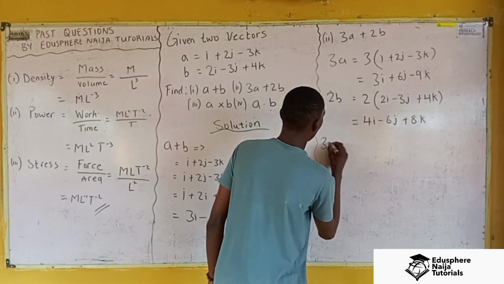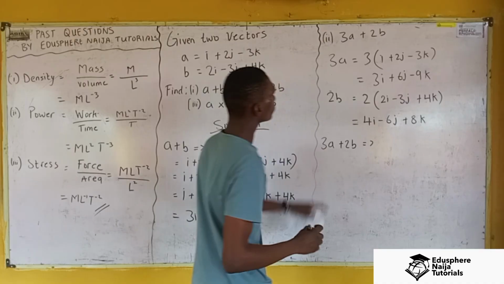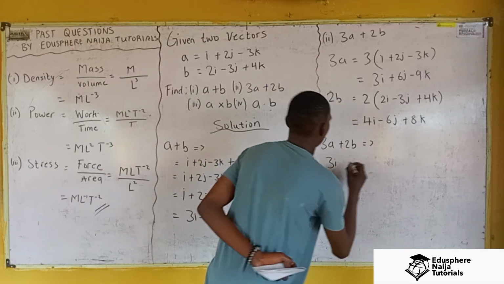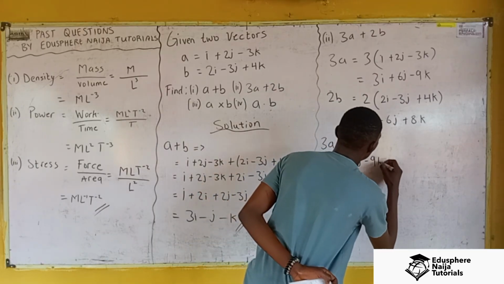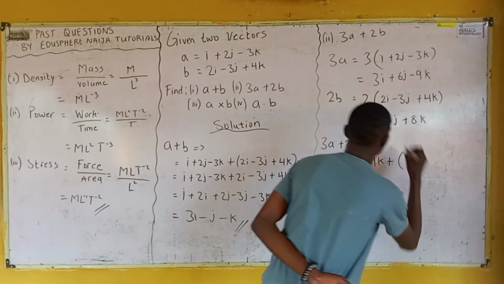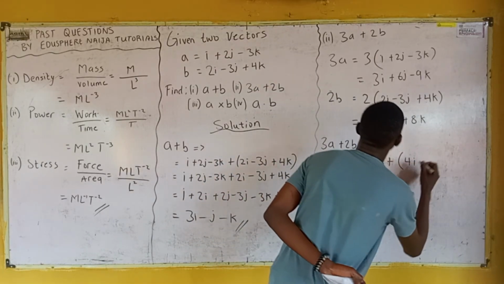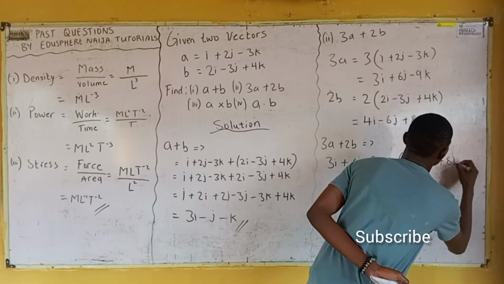So we can then have 3A plus 2B equals 3I plus 6j minus 9k, then plus, in brackets, 4I minus 6j plus 8k.